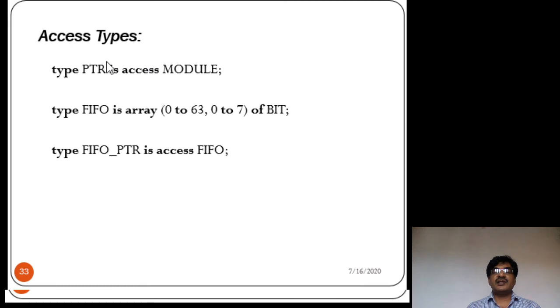That means PTR is an access type or pointer holding the address of an object of data type module. The object is of which data type? Module. That is the purpose of the access type, and these are the other examples.